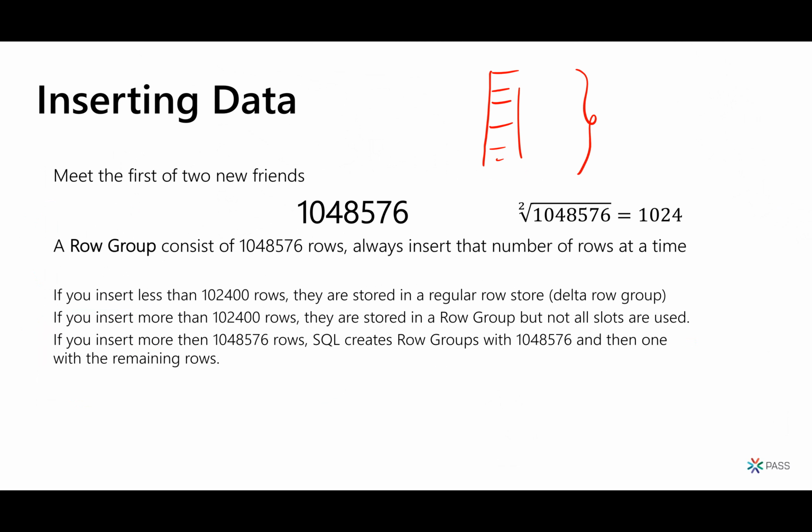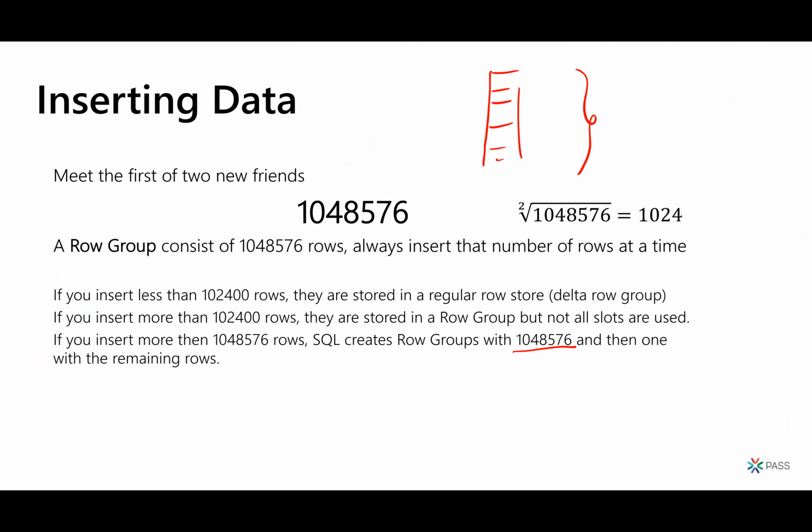If you insert more than the magic number, then SQL Server creates a row group with the exact magic number, and then one with the remaining rows. So that's why if you insert exactly twice that number, it's just fine. But anything else, if you decide on 1.5 million rows at a time, you create one with these many rows and then one with the remaining rows.